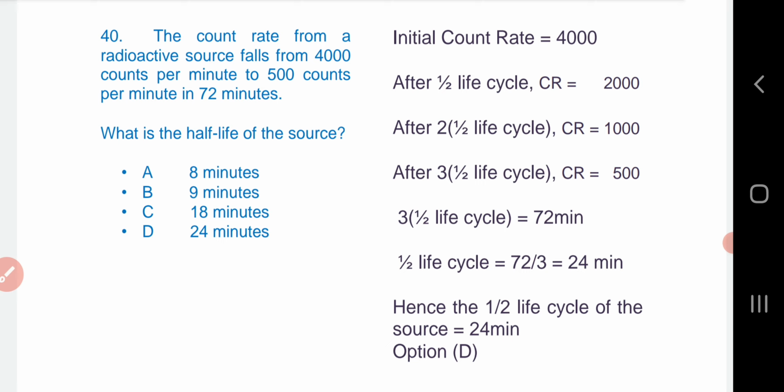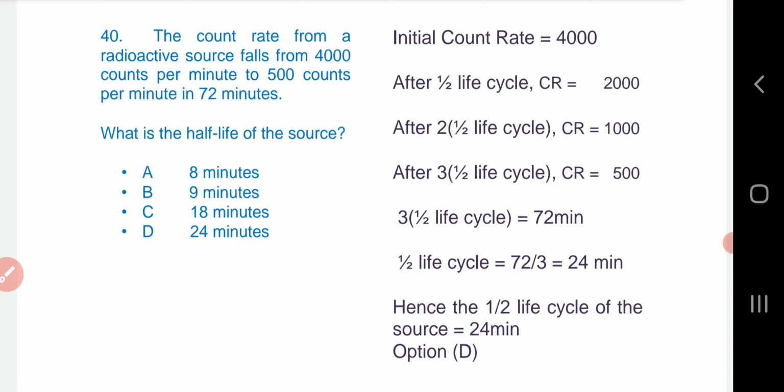After another half life cycle, that is after 3 half life cycles, the count rate is 1000 divided by 2 and that is 500. So, it means 3 half life cycles is equal to 500 count rate, and also the 3 half life cycles is equal to 72 minutes, because 500 count rate is when the time is 72 minutes.